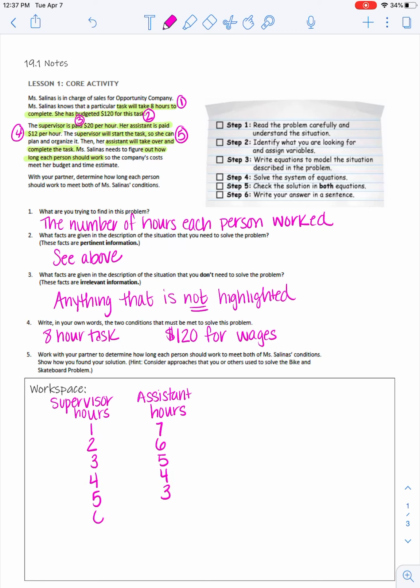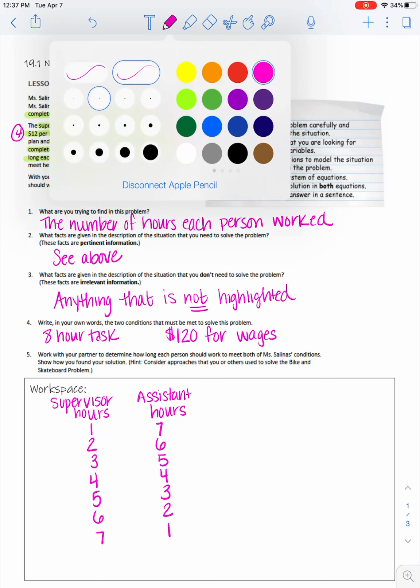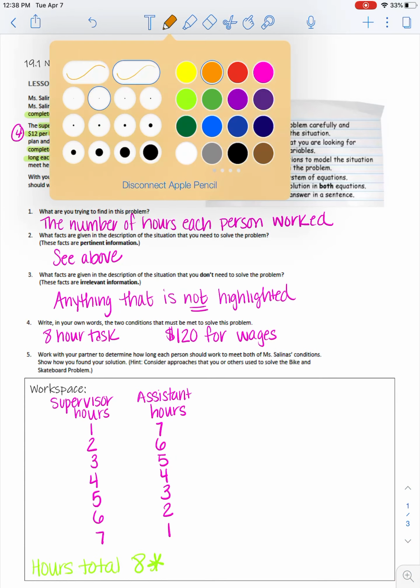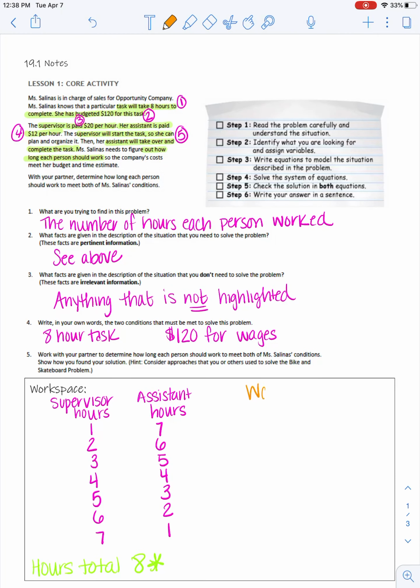We have 3 and 5, 4 and 4, 5 and 3, 6 and 2, 7 and 1. So all of the combinations that total 8 hours. That's what this list is. So that's one of our restraints.